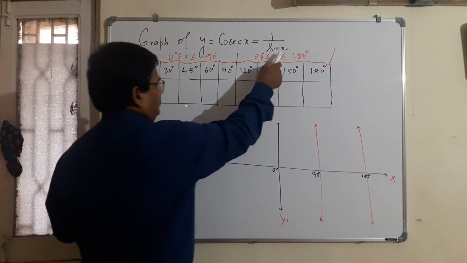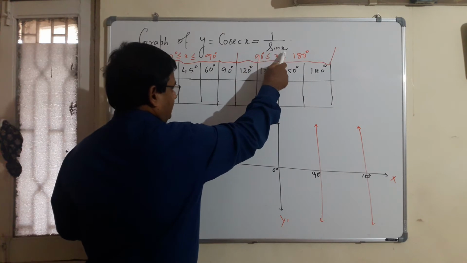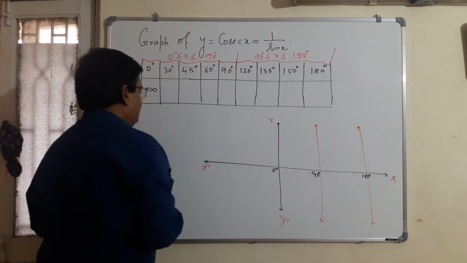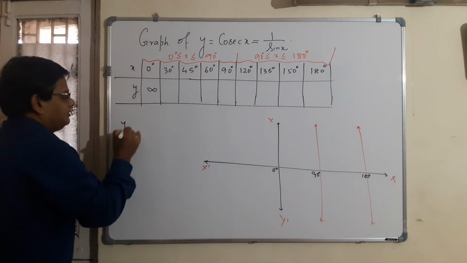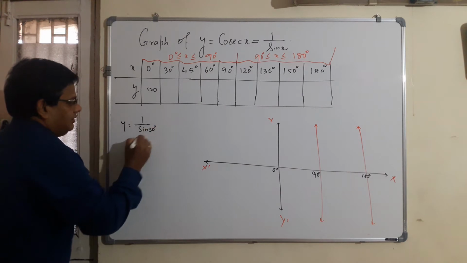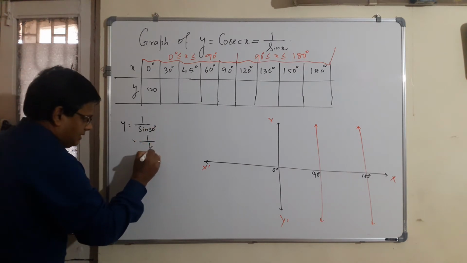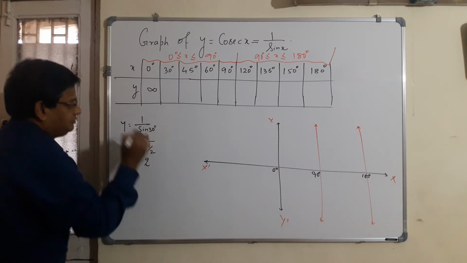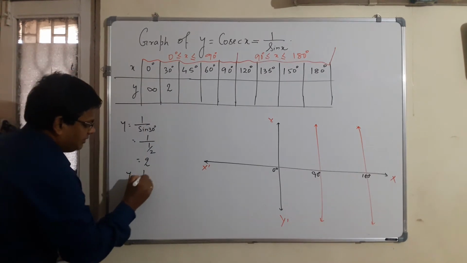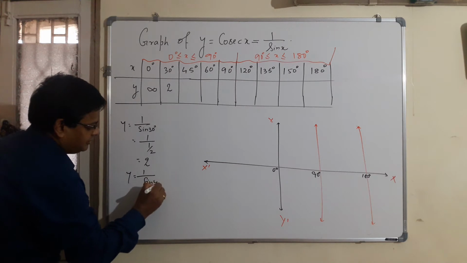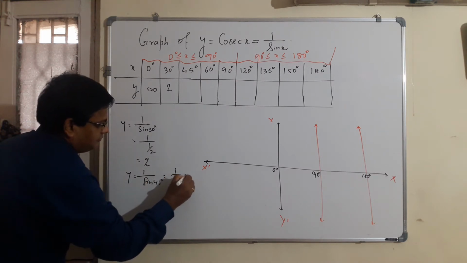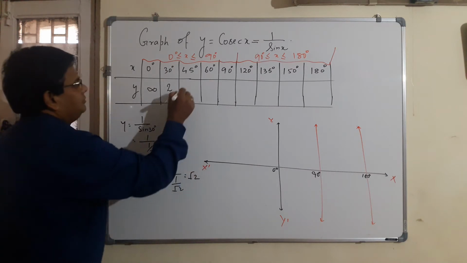Now at 30 degree, sine 30 degree is 1 by 2, so the 2 will go up. So y is equal to 1 by sine 30 degree, which becomes 2. Y is equal to 1 by sine 45 degree, so 1 by root 2 becomes root 2.